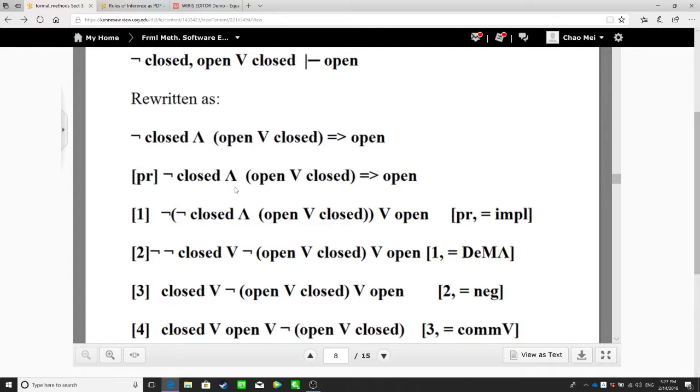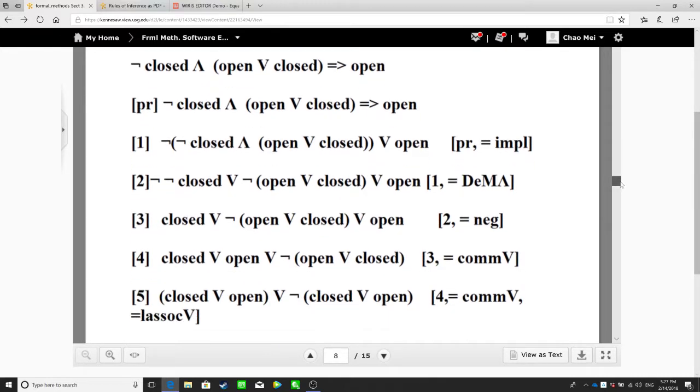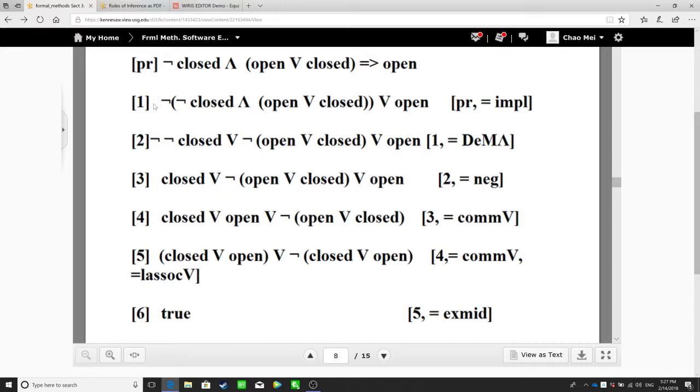It is the rule IMPL, imply. The rest of the steps, you apply whatever rule you want. Maybe there are different ways, but you apply whatever rule you want to prove that expression 1 will be deduced to true. Then we can prove this thing is true.